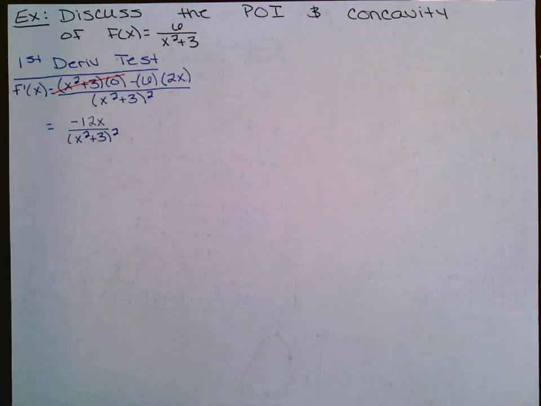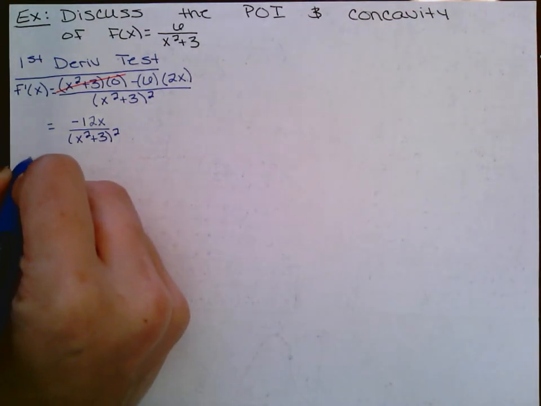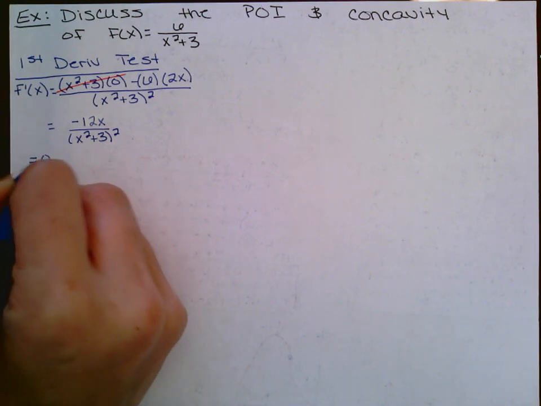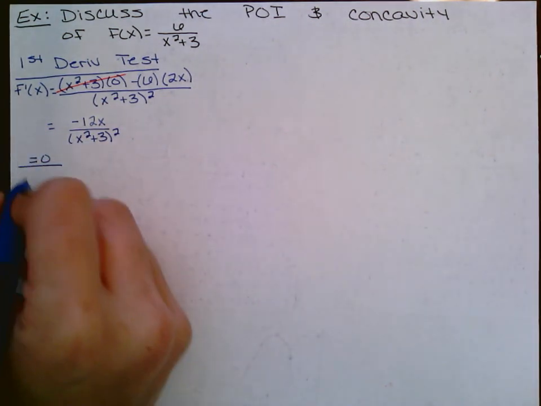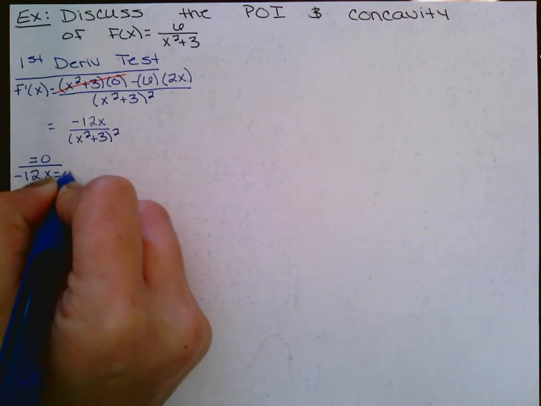Okay? So whenever we say set derivatives equal to 0 or undefined, setting it equal to 0 in any fraction means that the numerator equals 0. A fraction being undefined means that the denominator equals 0. So when I tell you to set it equal to 0, what I'm really telling you to do is set the numerator equal to 0.